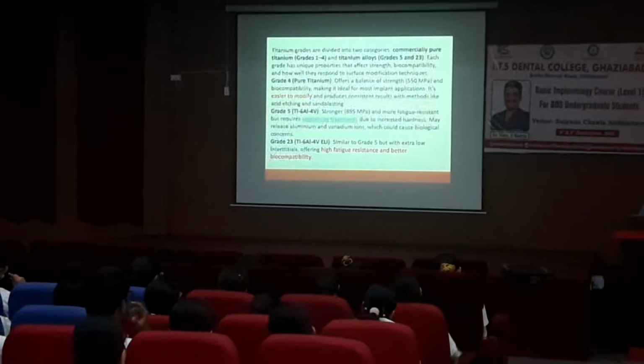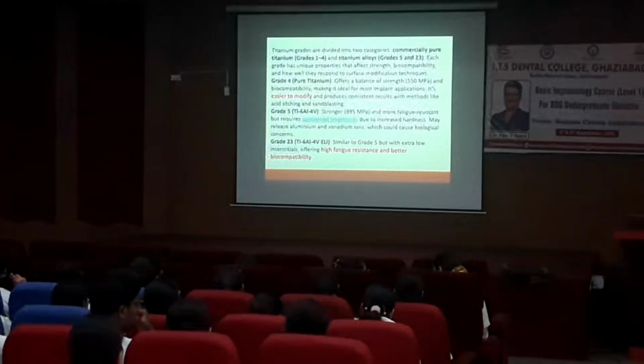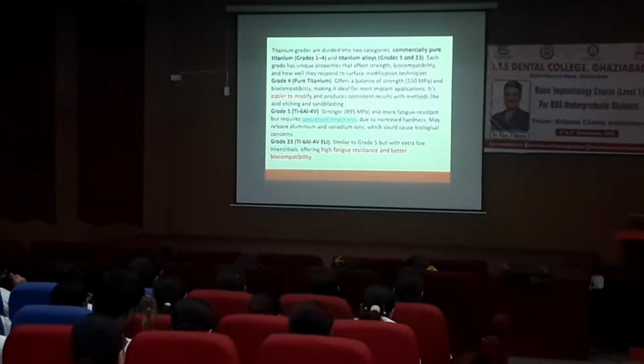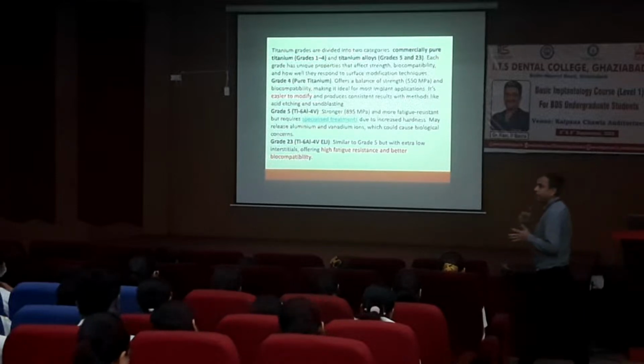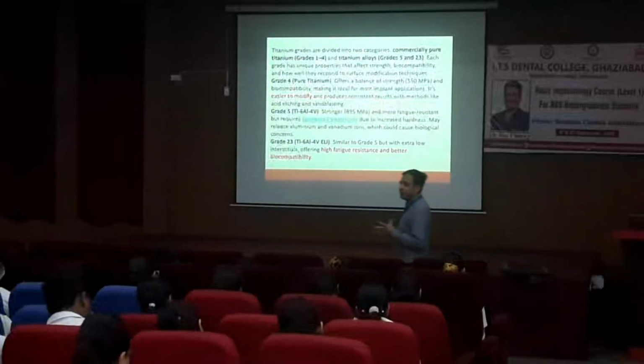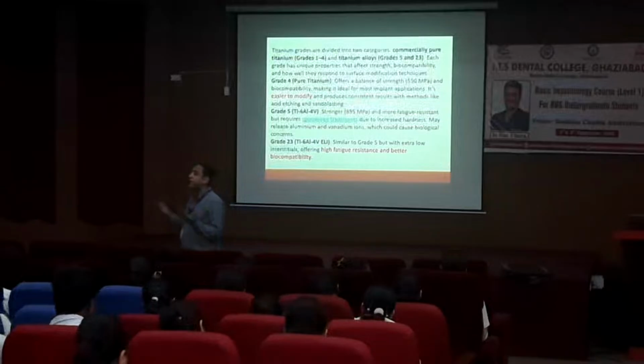There are various grades, as I said. Grade 4 and grade 5 are what most companies sell. A very strong grade is grade 23. The concept of osseointegration is not used only in dentistry. Where else do you think it is used? Orthopedics has a huge application, with a lot of knee joint replacements and hip joint replacements.